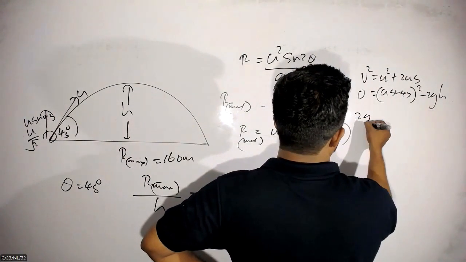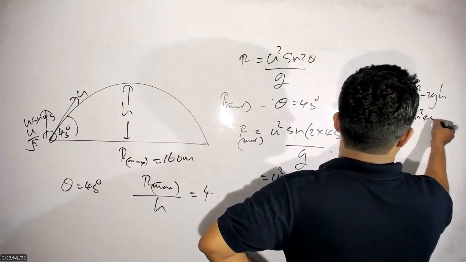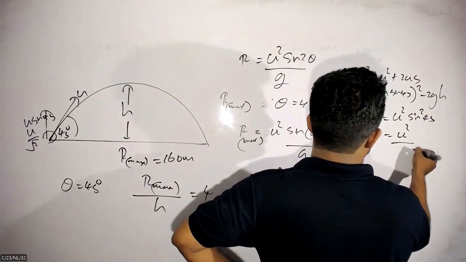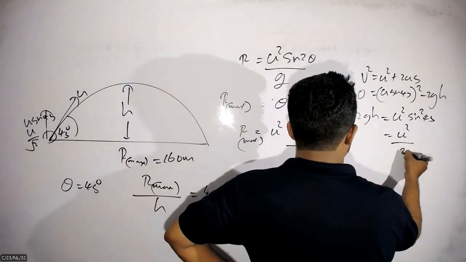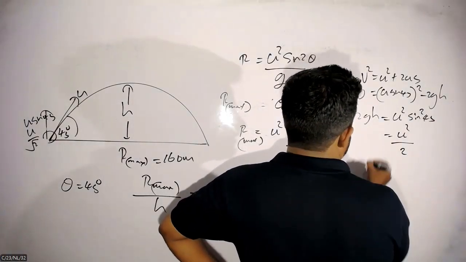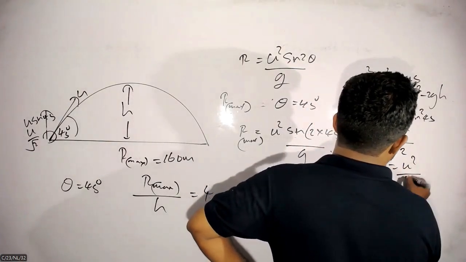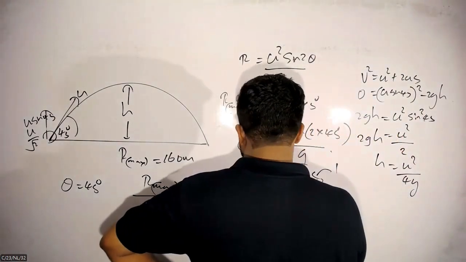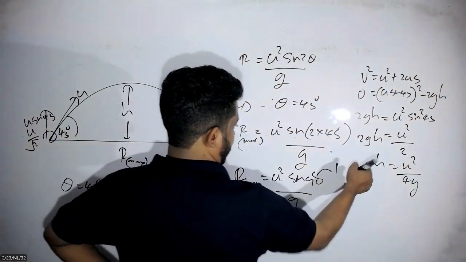We can take this to the other side: 2gh equals u squared sin squared 45. Sin 45 is 1 over root 2, and its square is 1 over 2. Then h is equal to u squared over 4g. Then you can identify the ratio between R max and h.